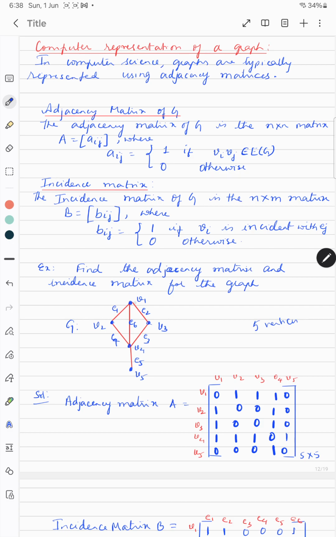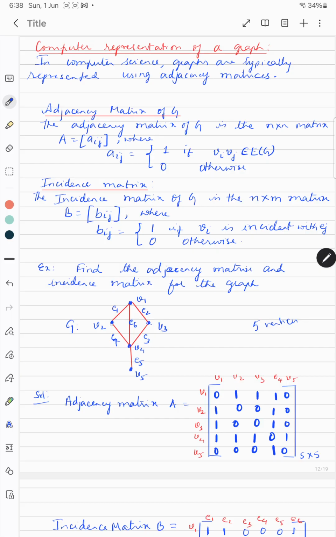V1, V3: there is an edge E2 connecting V1 and V3, so the value is 1. V1, V4: we have an edge E6 connecting V1, V4, hence it takes the value 1. Then V1, V5: there is no edge connecting V1 and V5, hence the value is 0.